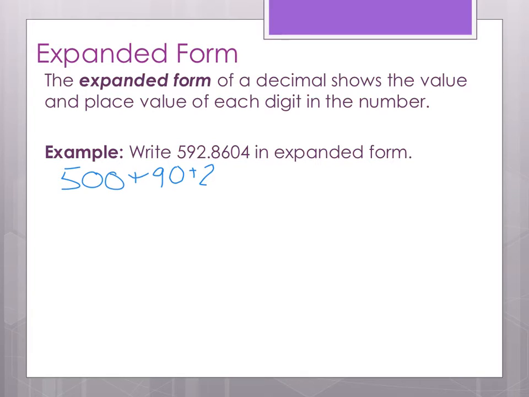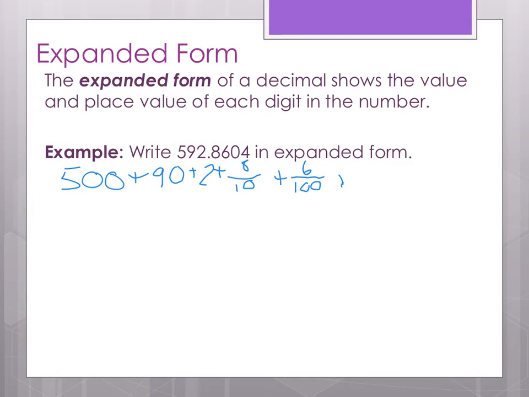Next, we'll move on to our fractional or our decimal part. The first number we see is 8, and that's in the tenths place, so we're going to write this as 8 tenths as a fraction, 8 over 10. And this is the one time when you really wouldn't reduce these fractions, because we want to show that that's in the tenths place. And then we would continue on to our next number, which is 6 in the hundredths place. So we would write this as 6 over 100.